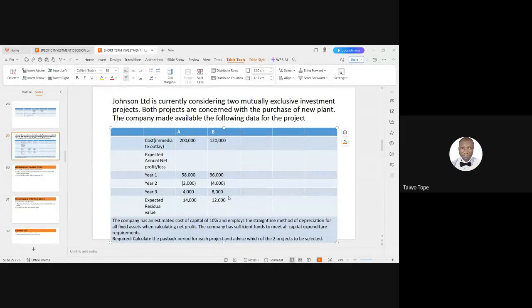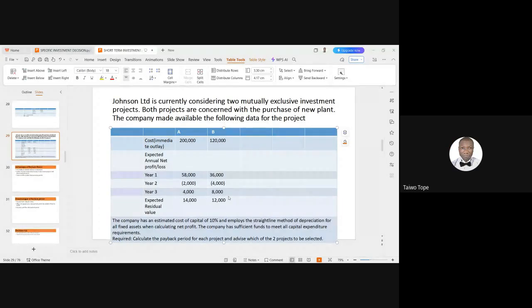So from this question, what did you observe? Do you have cash flow? No, we are not having cash flow, but we have accounting profit.